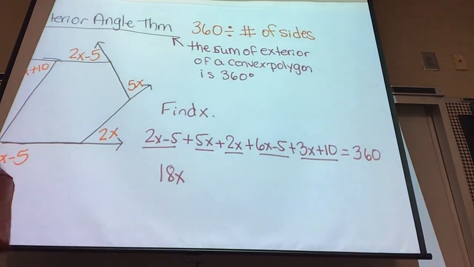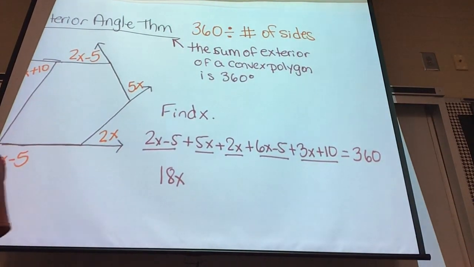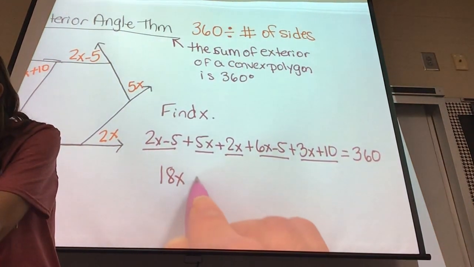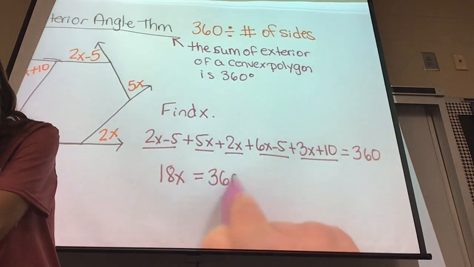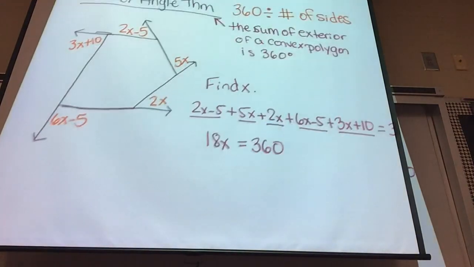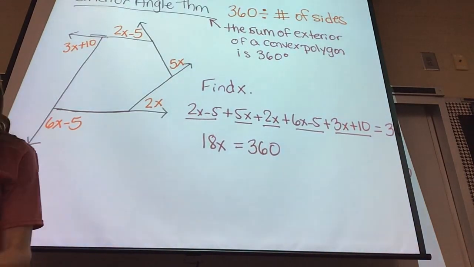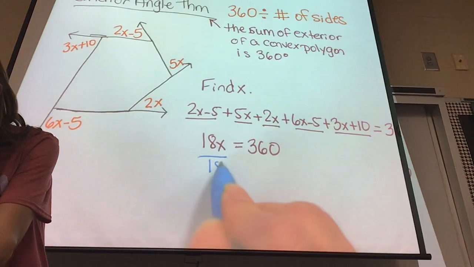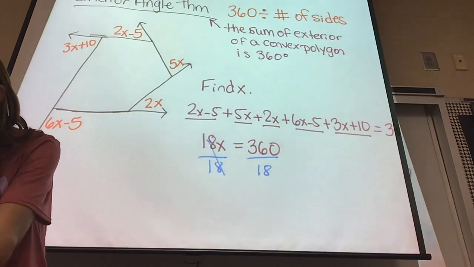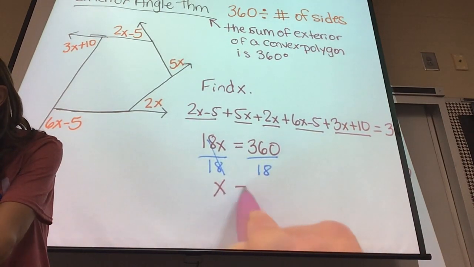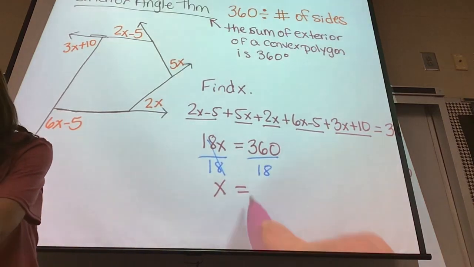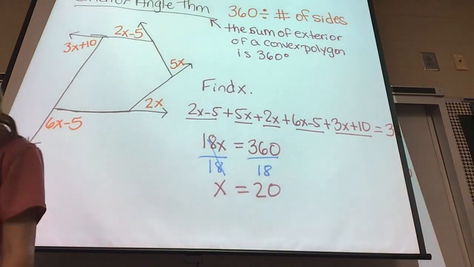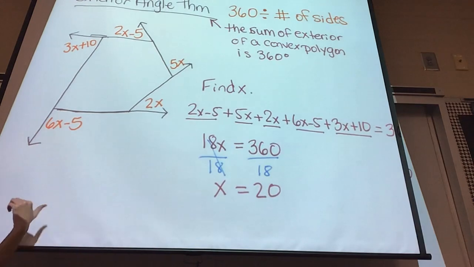All those regular numbers cancel each other out. So it's just going to be 18x equals 360. Now you divide, so x is going to equal 20. I could plug that back in like I did before and find any of them if I wanted to.